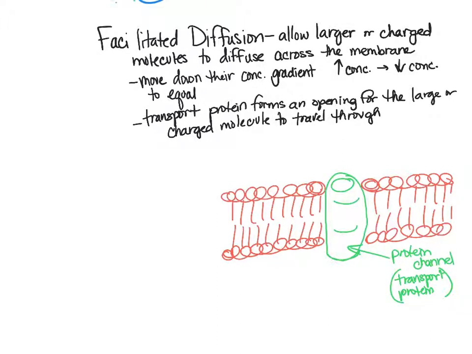So in this case, we might say that this would be glucose, for example. I'm not going to draw all of these. Glucose is a six-sided, so it's a hexagon. I'm just going to draw circles to make it really easy. So these are going to be glucose molecules.